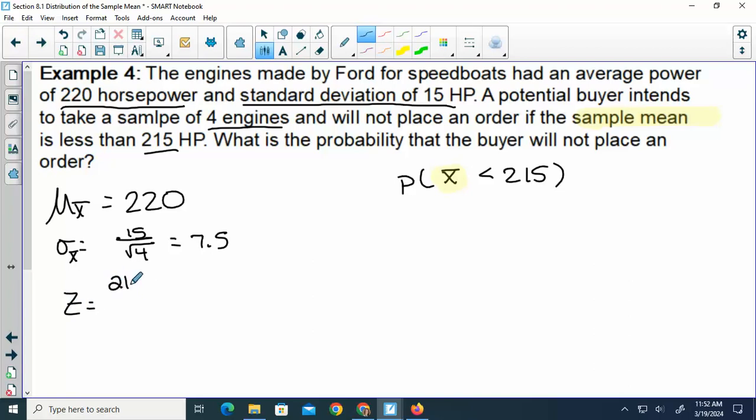So our value, 215, minus the mean, 220. Divide by the standard deviation, 7.5. And we get a z of negative 0.67.